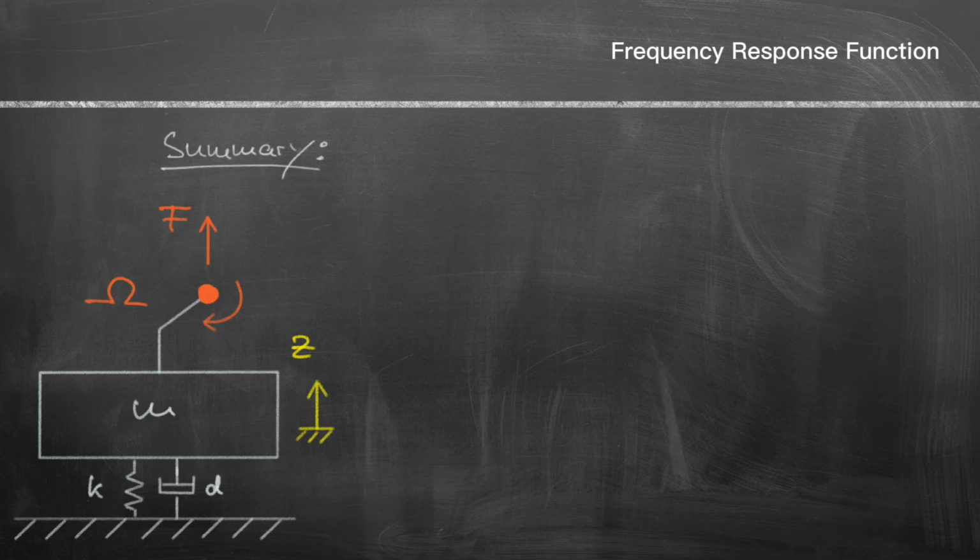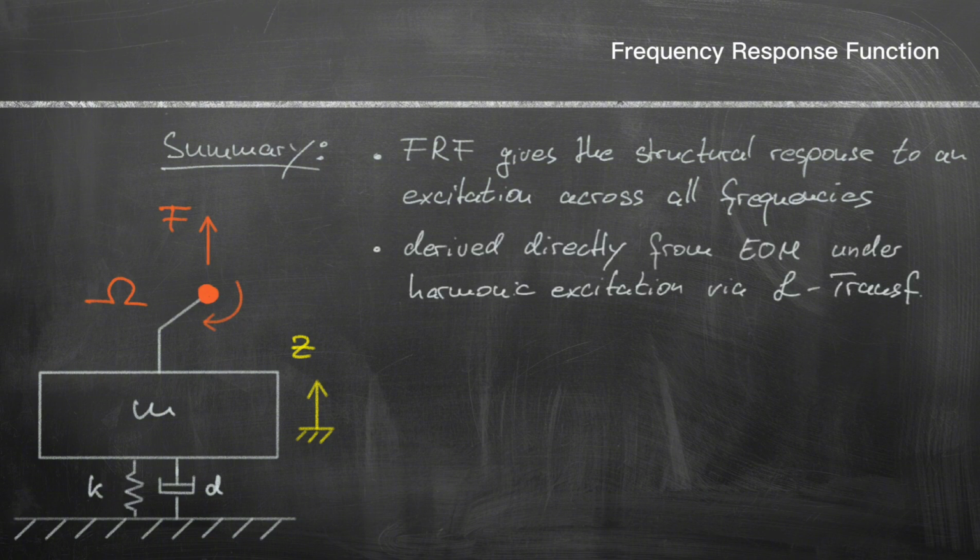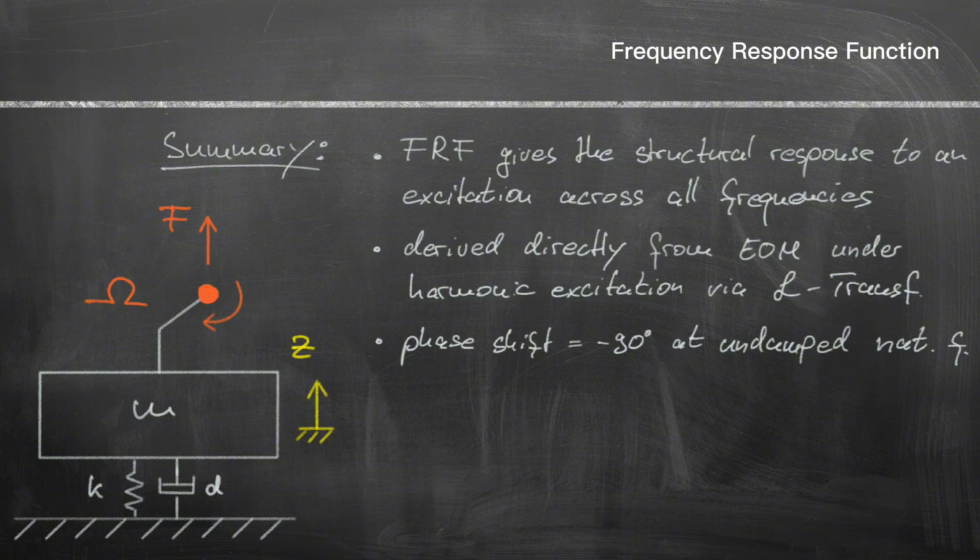Let us summarize the most important points. The frequency response function gives the structural response to an excitation across all frequencies. It is derived directly from the equation of motion under harmonic excitation by a Laplace transformation. The phase shift is equal to -90 degrees at the undamped natural frequency.